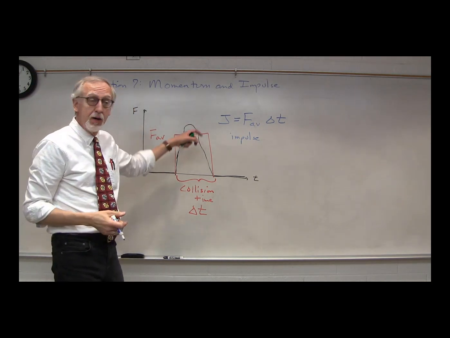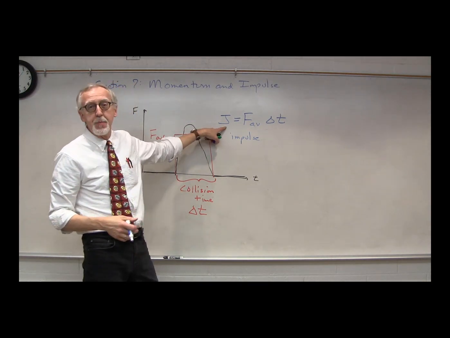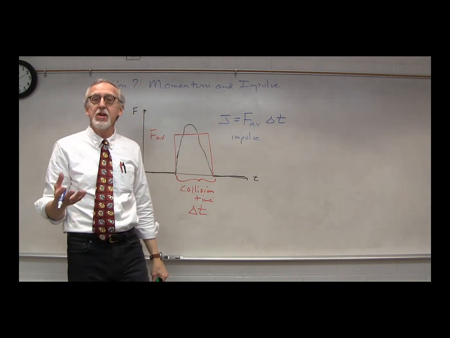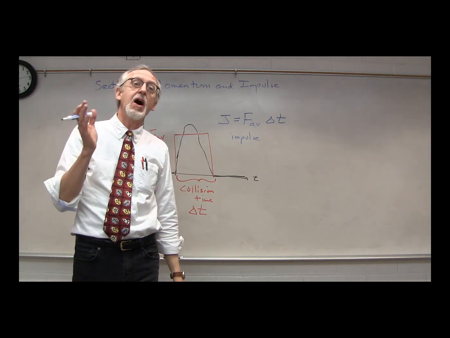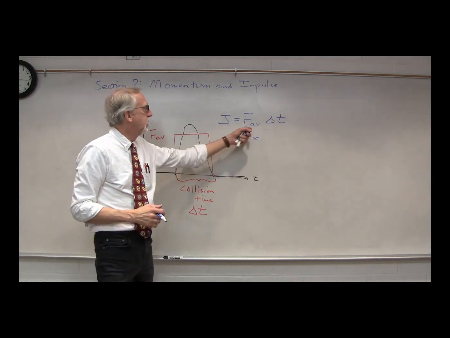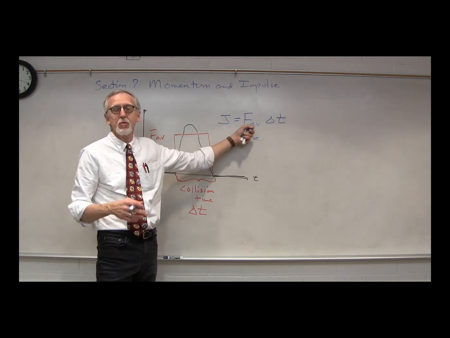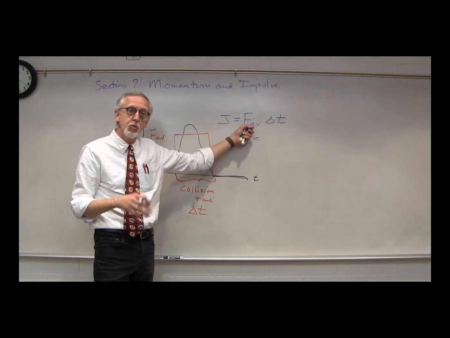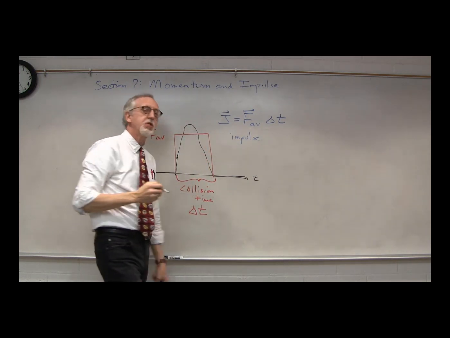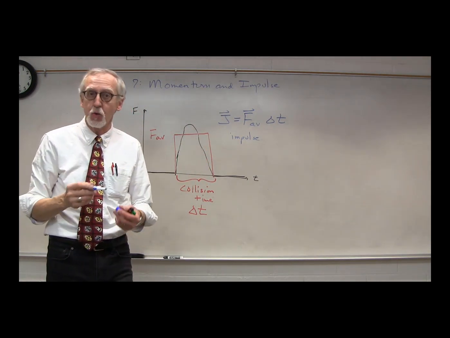And we'll identify the impulse with the capital letter J. Now, we're actually going to look at two different impulses: the impulse that object 1 exerts on object 2 and that object 2 exerts on object 1. So we'll use different average forces, F12 average and F21 average, and we'll look at these as vectors, so that the impulse is actually a vector quantity.